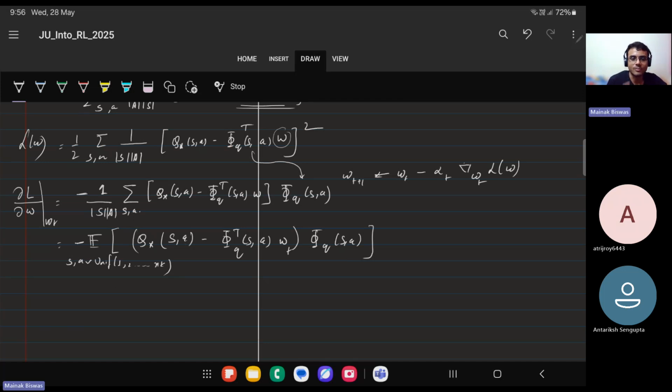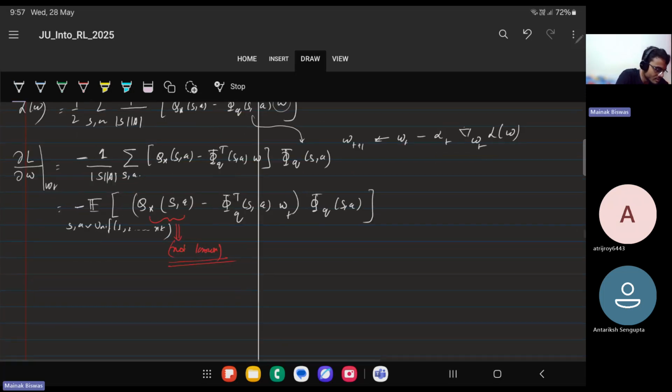So now I have a problem. What is the problem? Q star is not known. Okay, not known. Fine. So what should I do? Again, I can write this as the expected value of this.